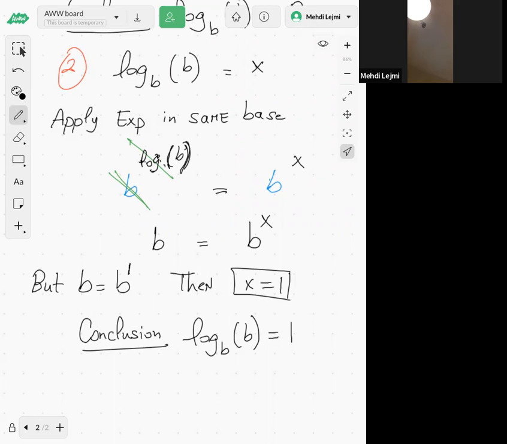So if you have an equation with the same base, then the powers are equal, right? The base here is b, and the base here is b. So if you have the same base, then the powers are equal.